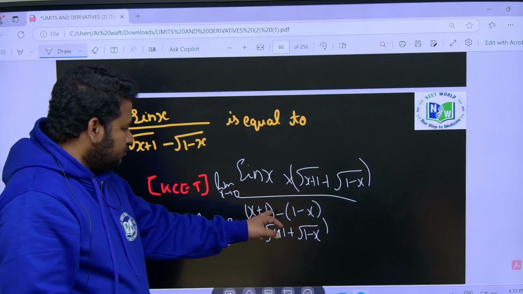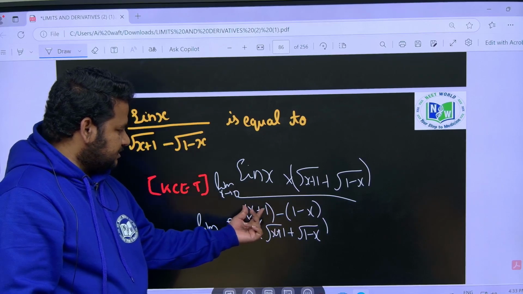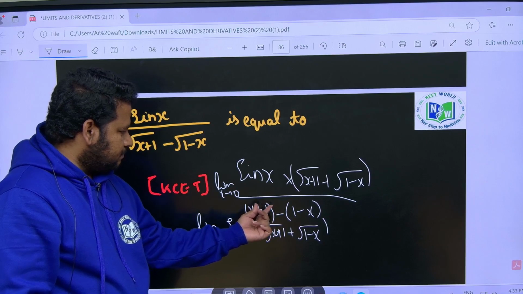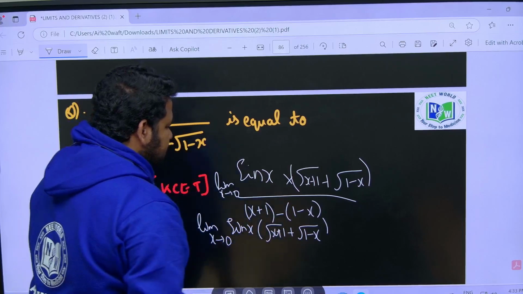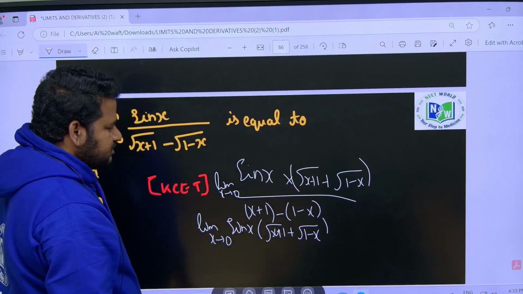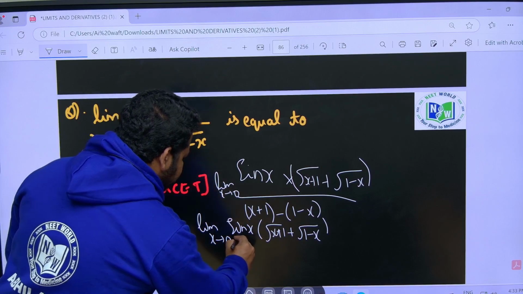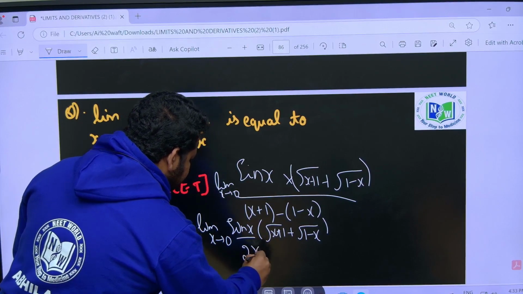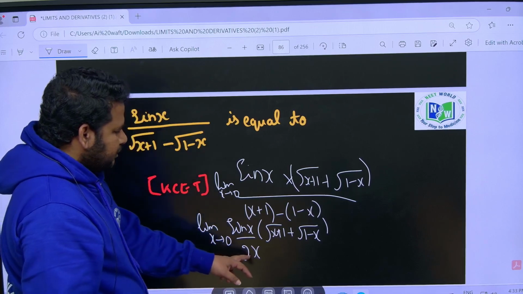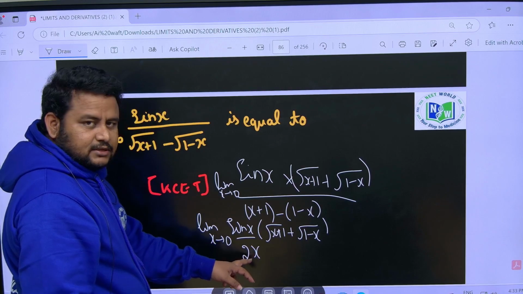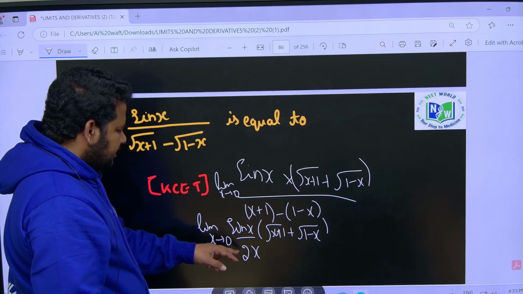If you simplify this, x plus 1 minus 1, plus 1 plus x, the 1 and 1 will cancel, and minus into minus is plus, so you will get 2x here. Let there be 2x, no problem.